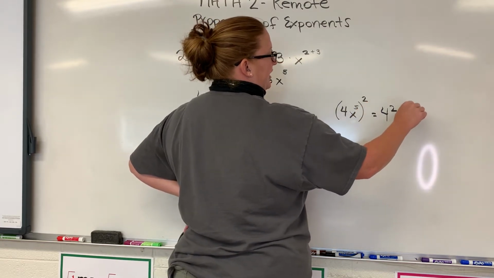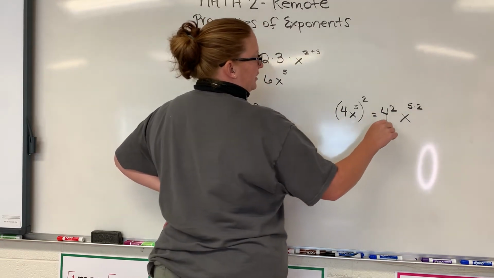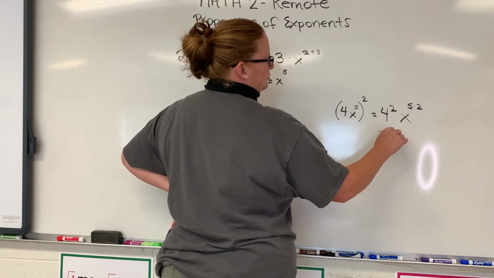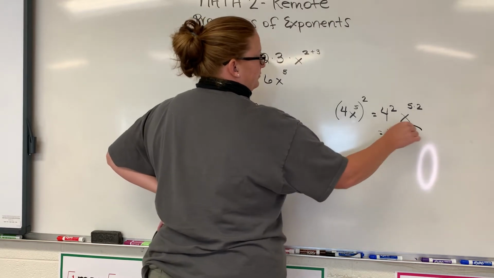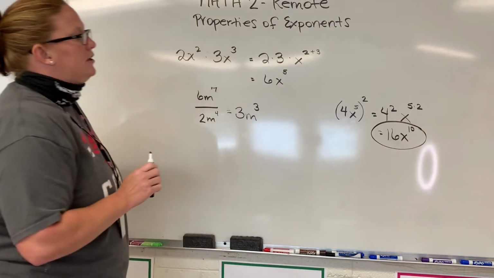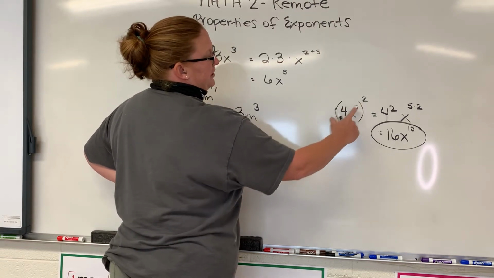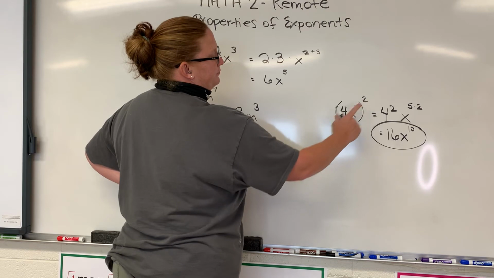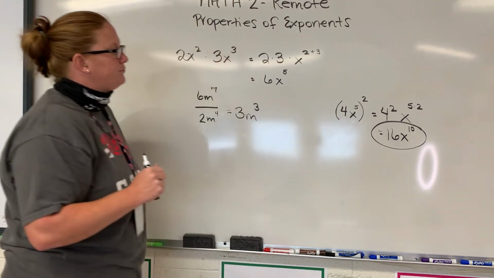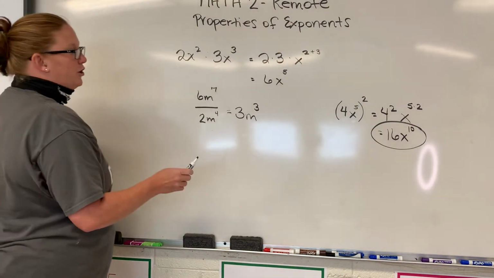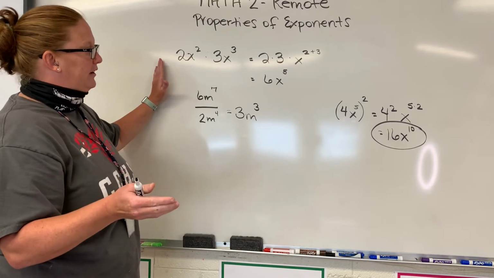So I'm going to say 5 times 2. Once my expression is all done, I'm going to simplify to 16x to the 10th power. The big mistake that usually gets made here is that you forget to raise the coefficient, this coefficient, to that power. So those are your basic properties, just in a very basic way.